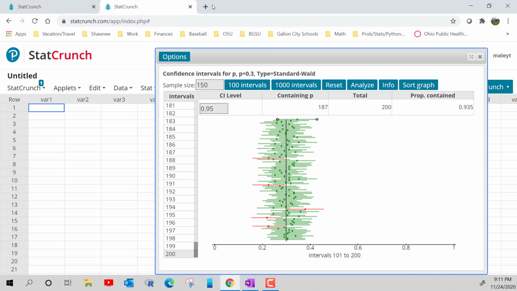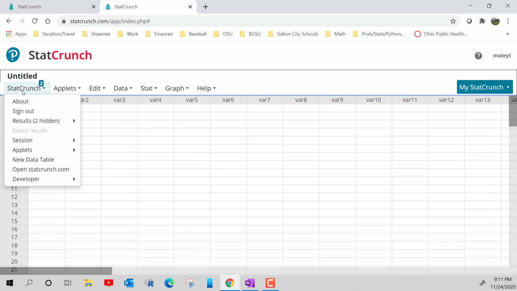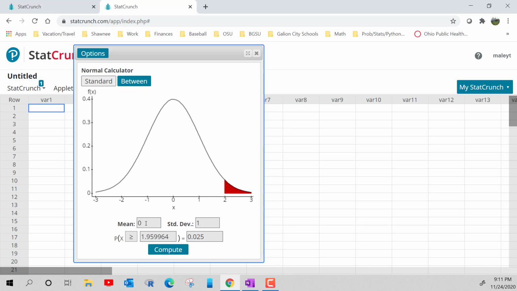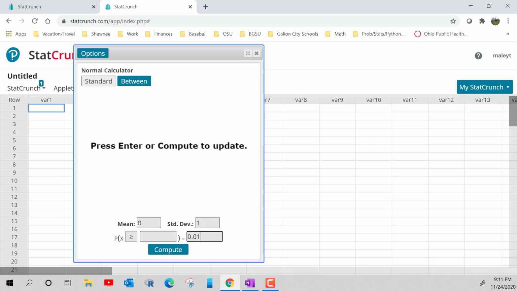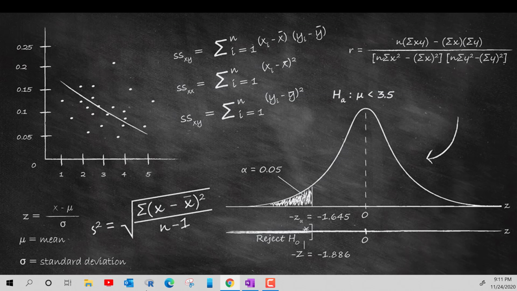So to be able to find this, I need to go back to Statcrunch and go back to my normal calculator. So my mean is 0, standard deviation is 1. I would have x greater than, and instead of 2.5% of the area, I want just 1%. And we get this value here, which is 2.326 if we round to 3 decimal spots.